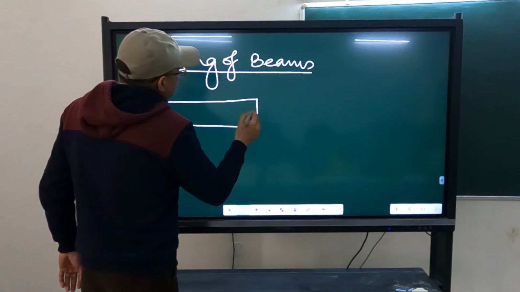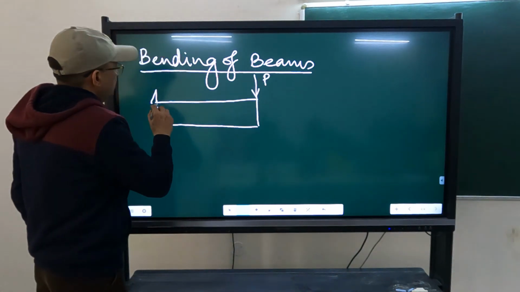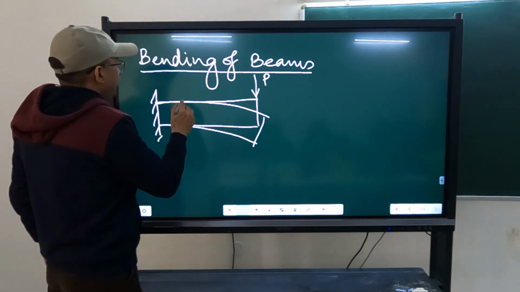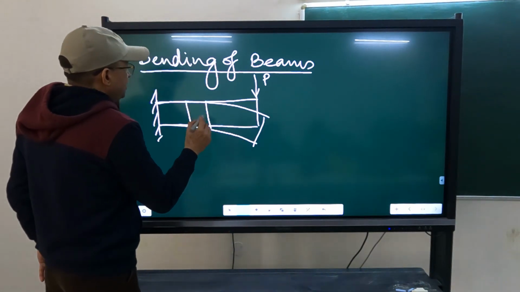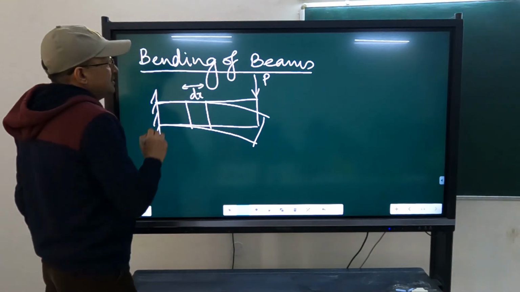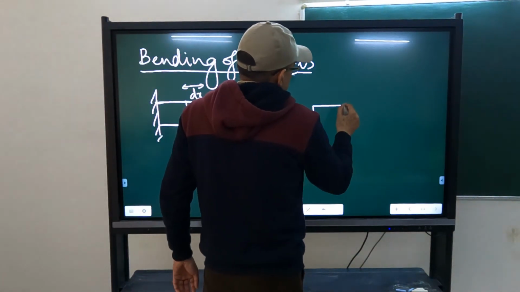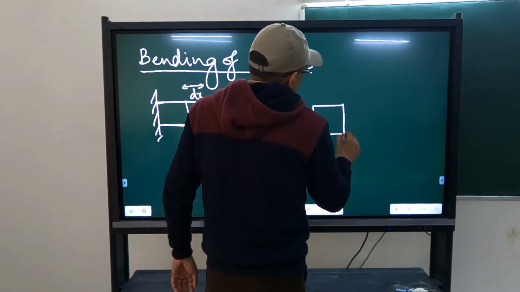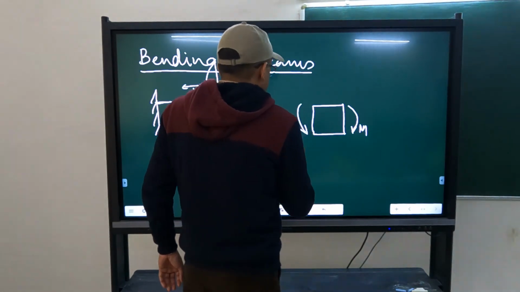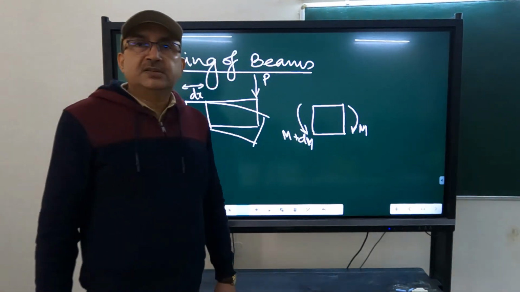Suppose I have a cantilever subjected to a vertical load here. It is going to bend. I take a small element here, of length dx. It is subjected to M from this side and M plus dM on the other side.